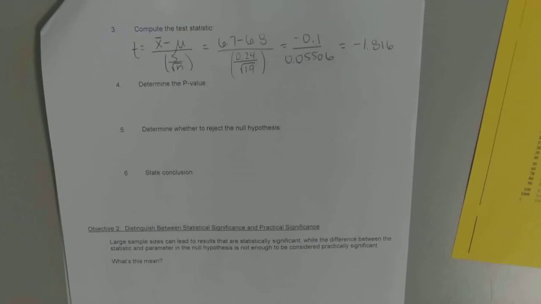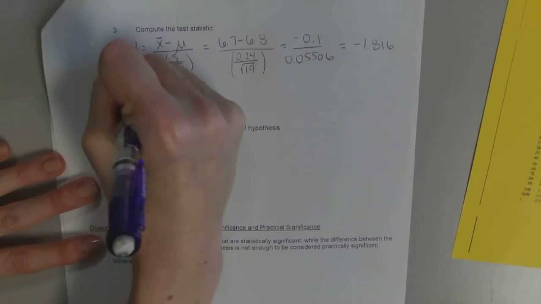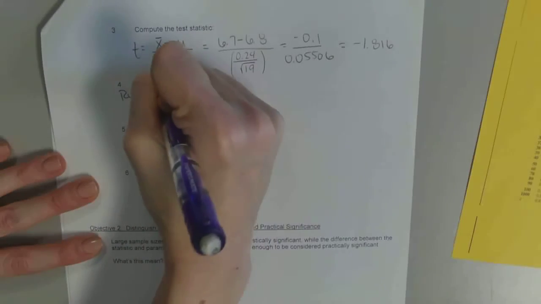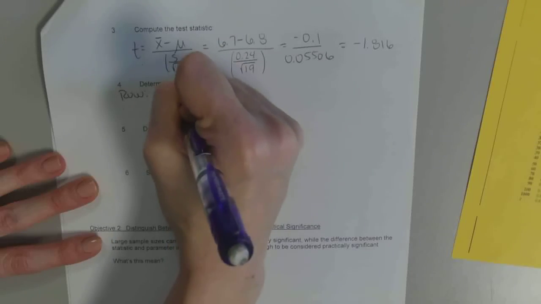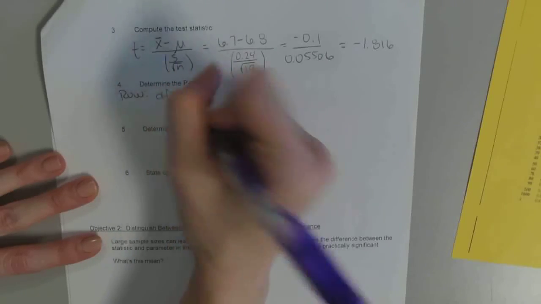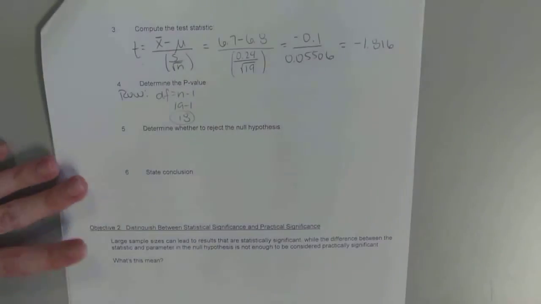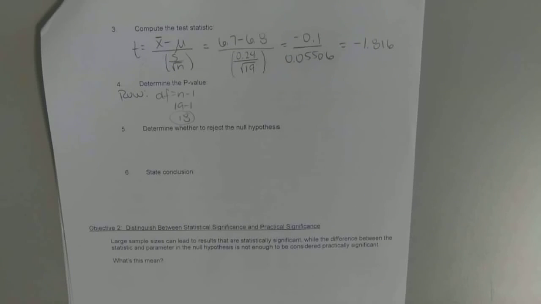All right, what is the p-value? Again, let's just do it by hand once because I want you to get familiar. What row are we going to go to? Degrees of freedom are n minus 1, so we're going to go to row 18. Go across row 18 until you find two t-scores that straddle 1.816.